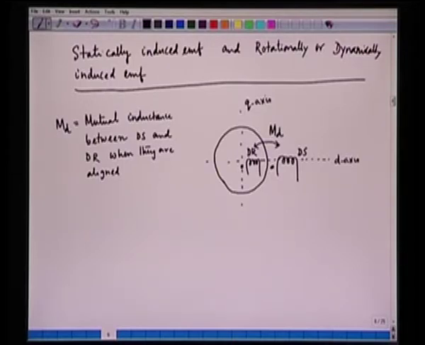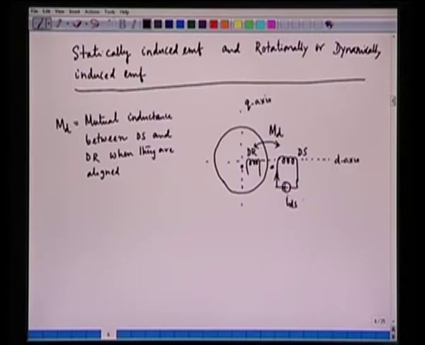Now what we do here is that in the D axis stator we inject a current, and this current is a time varying current. Okay. So maybe we have a current source here, and this current is injected into the D axis stator, and the current is IDS.